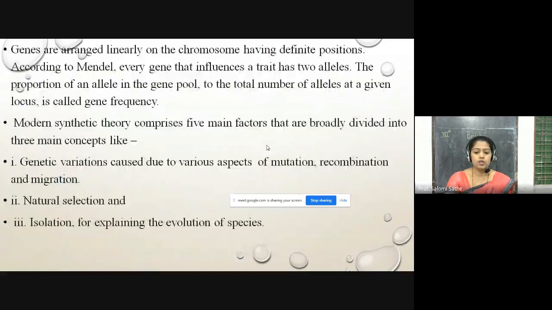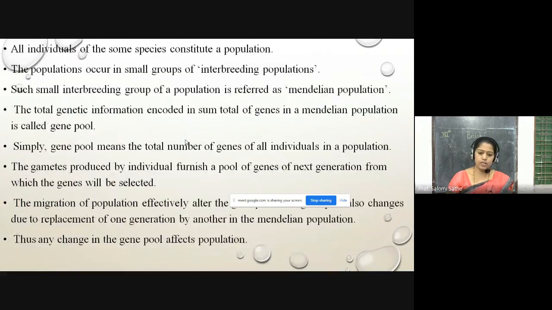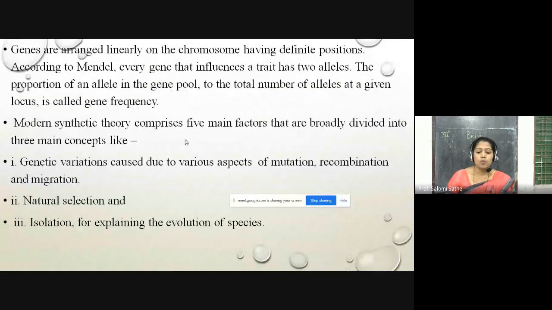In our today's lecture we learn the modern synthetic theory of evolution. The modern synthetic theory comprises 5 main factors that are broadly divided into 3 main concepts: genetic variation, natural selection, and isolation.